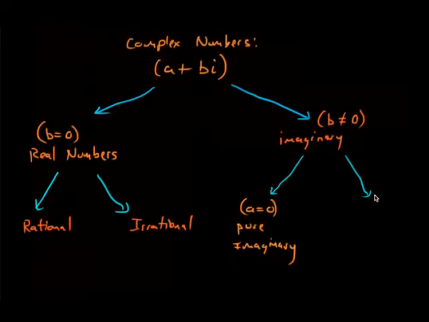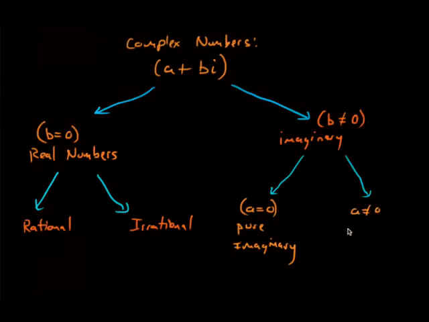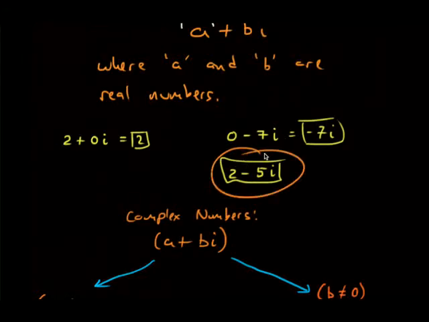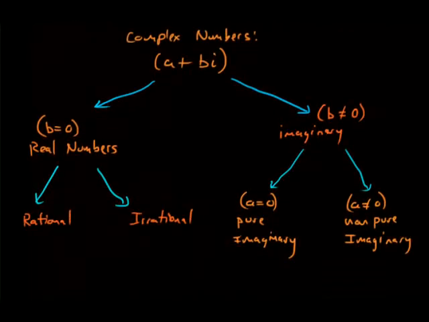And the other situation is when a is not equal to 0, all right, which are non-pure imaginary. Okay, like this. All right, but technically all of these are types of complex numbers regardless of a or b equaling 0.